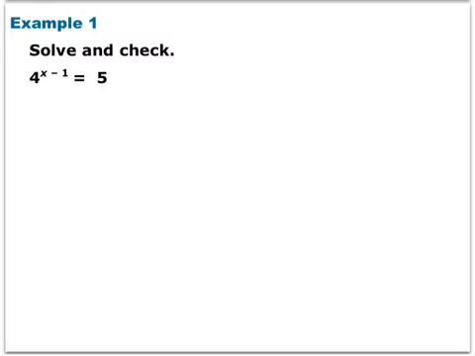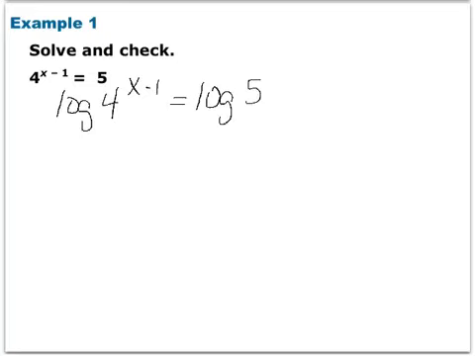Okay, solve and check. Here I have nothing equal, but I can take the log of both sides. Log base 10 of 4 to the x minus 1 equals log base 10 of 5. Remember, base 10s I can do in my calculator. This is the exponential rule for logs.